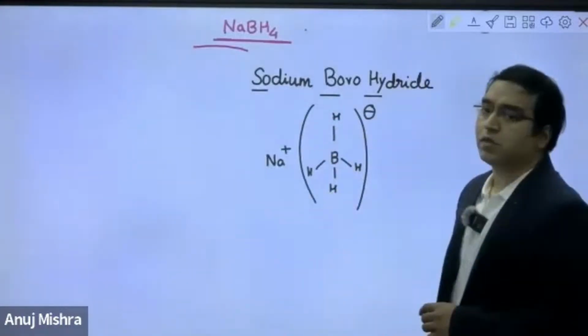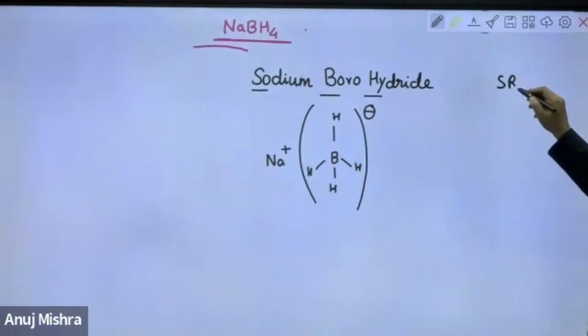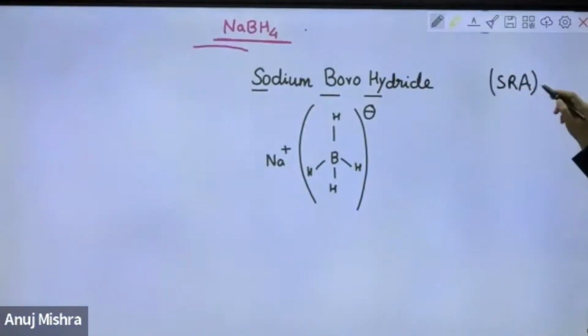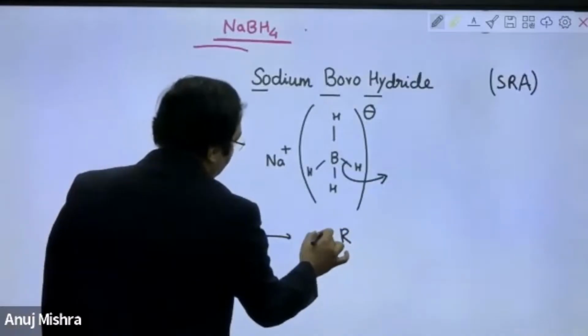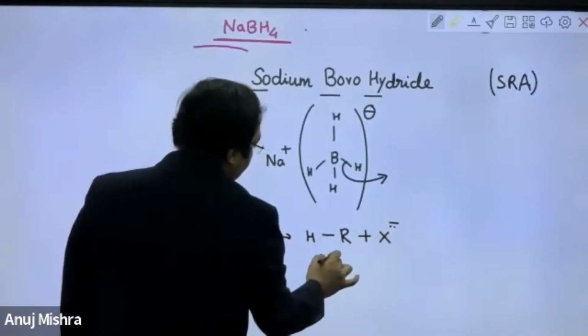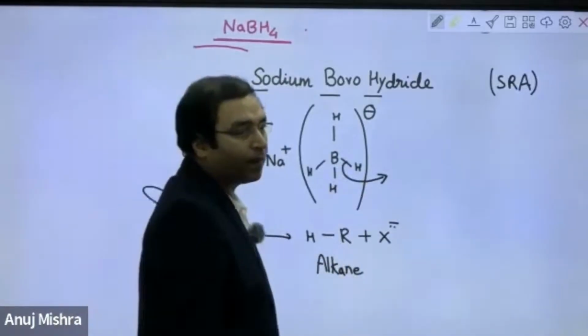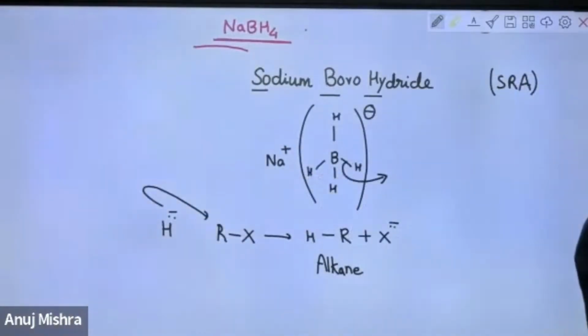This is the structure. This is also a strong reducing agent, but I'll not say very strong. I'll use the word SR, strong reducing agent. Okay. RH will form and X minus. So what I'm getting here again, we can get alkane. It again gives us alkane. Fine. Did you understand?